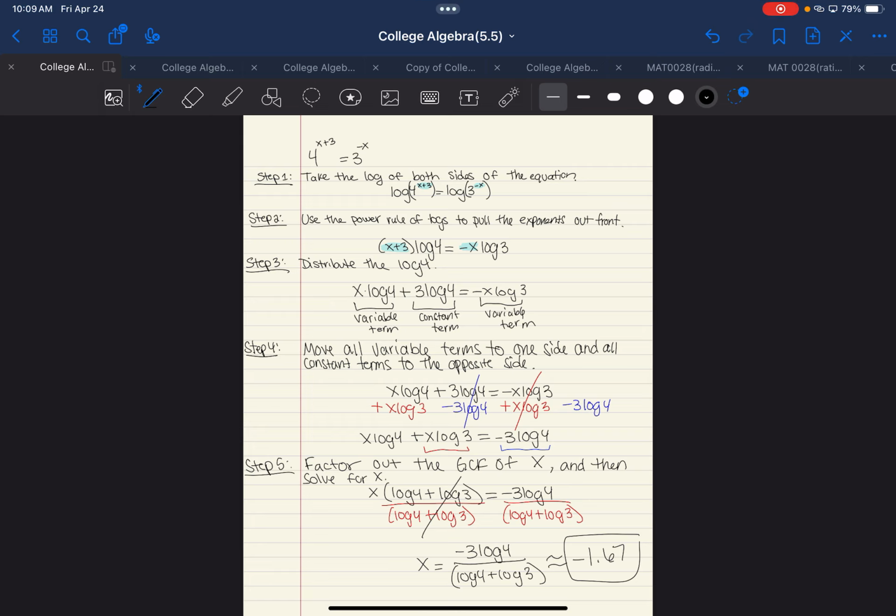If one of those exponents has more than one term, you need to distribute that log to both of those terms. Then move all your variable terms to one side and all your constant terms to the opposite side. Once you do that, you'll be able to factor out that common factor of x, and then just divide by what's left on both sides.